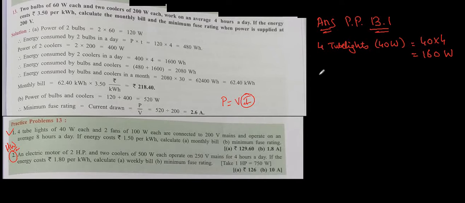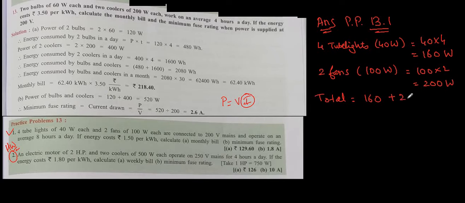Then how many fans are there? 2 fans are there. 2 fans of how many watts? 100 watts. So that means 100 multiplied by 2, that will be 200 watts. So total will be 160 of tube light and 200 of fan. So that will be 360 watts.